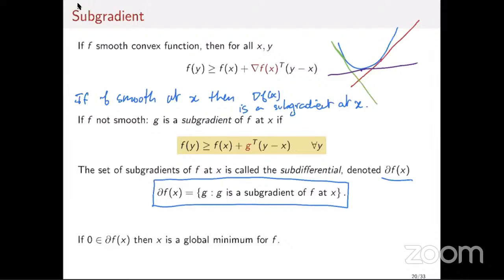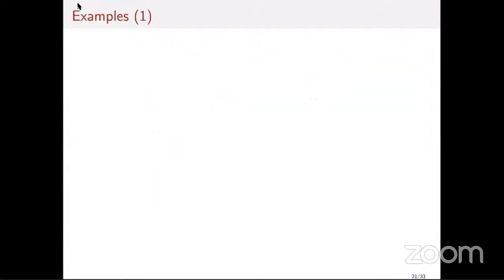Okay, so let's look at an example, probably the simplest one. Let me look at the simplest non-smooth function, which is the absolute value function.